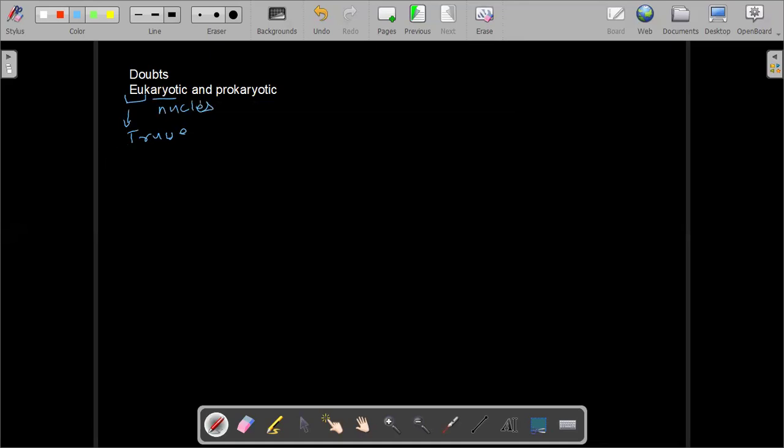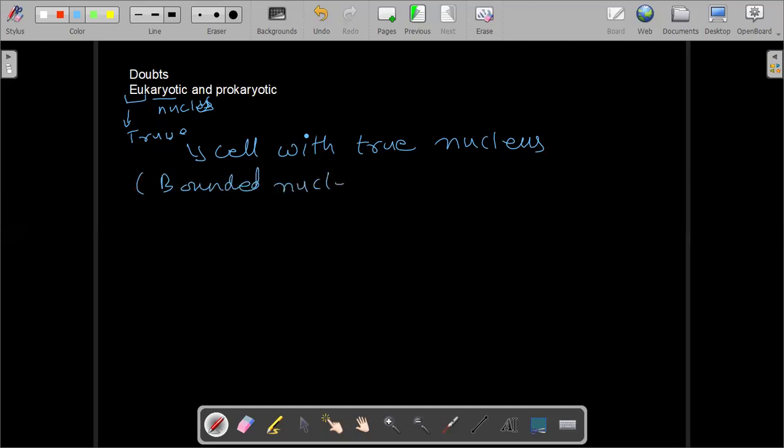So those cells which have a true nucleus. When I say true nucleus, it means the nucleus is bounded. The nucleus has a boundary, covered with a nuclear membrane. Such a cell will be called a eukaryotic cell.